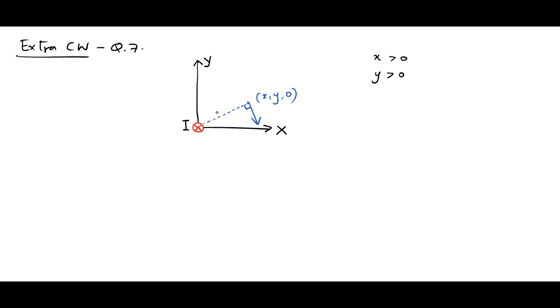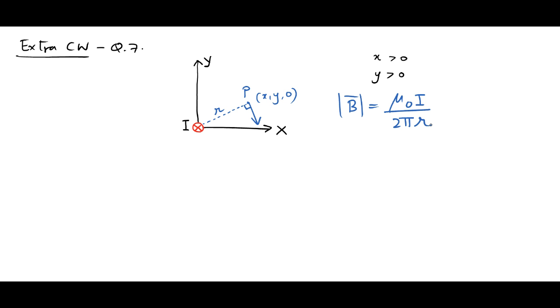Now if this distance, that is the length of this dotted line, is let's say r, then we know that the magnetic field at this point, which I'll call P, due to the long straight wire, has a magnitude given by mu naught multiplied by I divided by 2 pi multiplied by r.